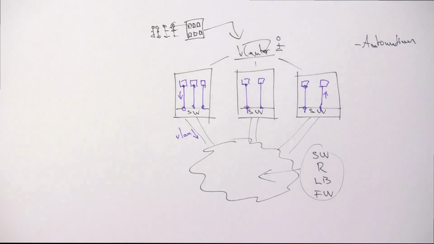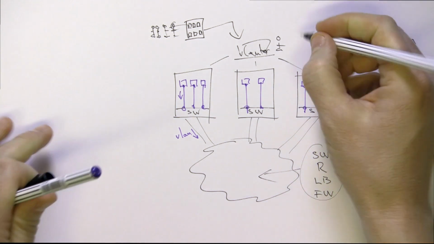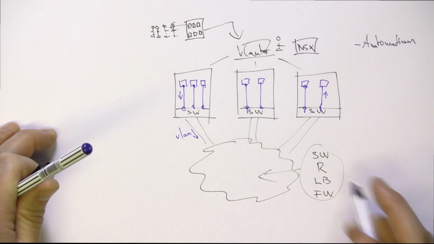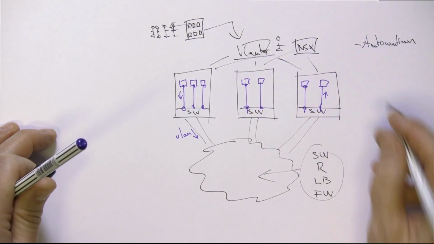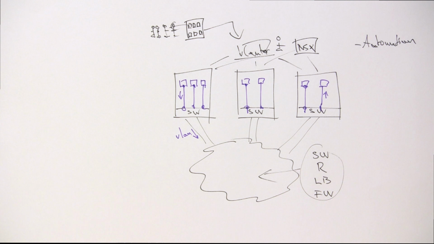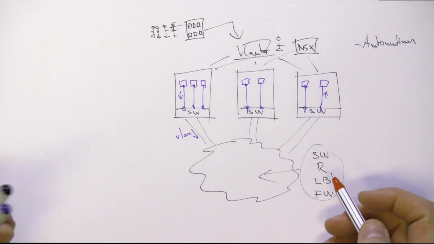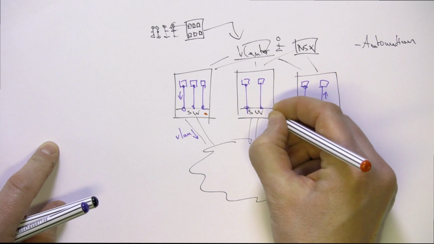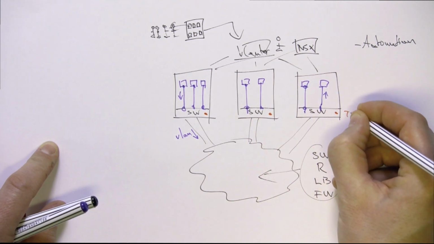Okay, so imagine that we would like to install NSX into this. This means that I take NSX, which is the product from VMware, and then I upgrade my data center. So we have the ability to create networking and security. When I upgrade my hosts with NSX, I get what is referred to as a TEP, a tunnel endpoint.